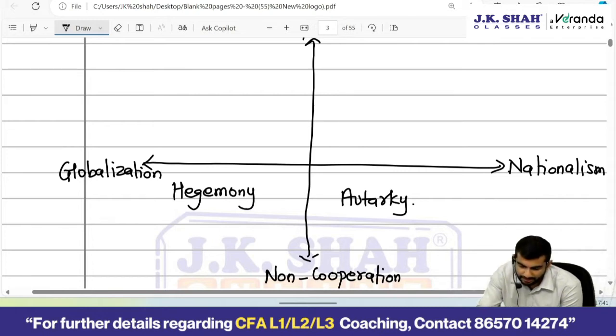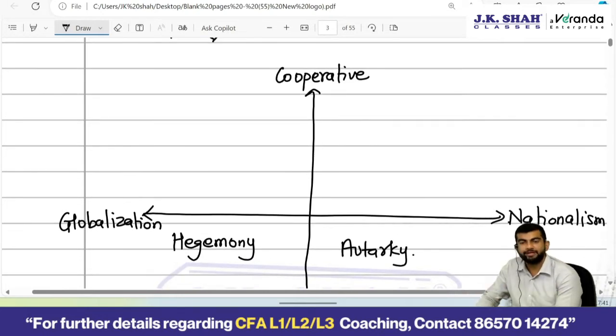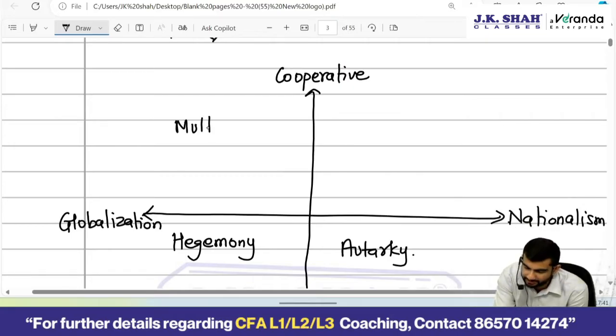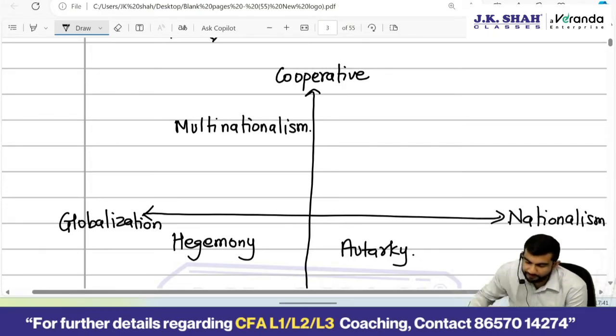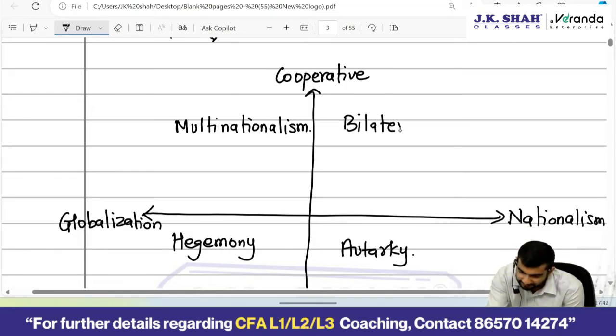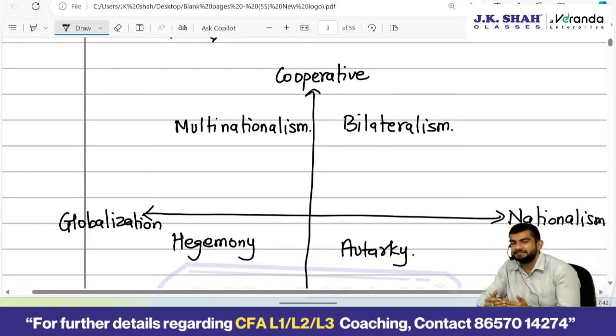Okay. Globalization plus cooperative: multilateralism. Singapore, Germany, Japan. Cooperative plus nationalism: bilateralism. Classic example, India. Bilateralism. Like we will have separate agreements with each trading partner mostly. We won't adopt the same set of rules with any trading partner.